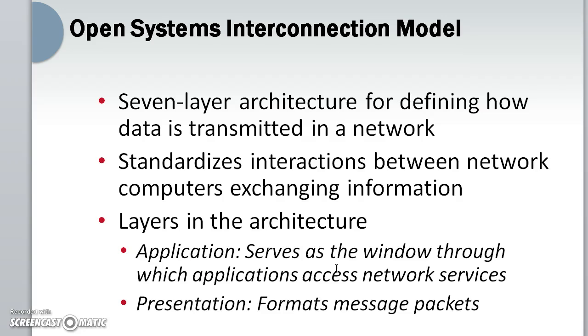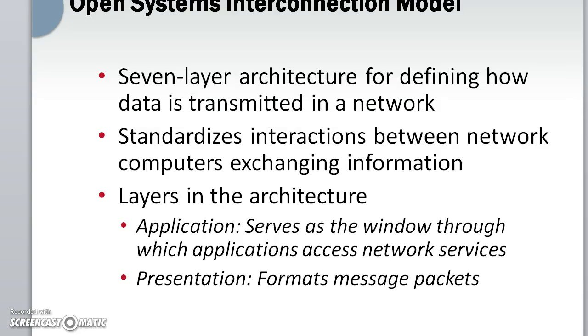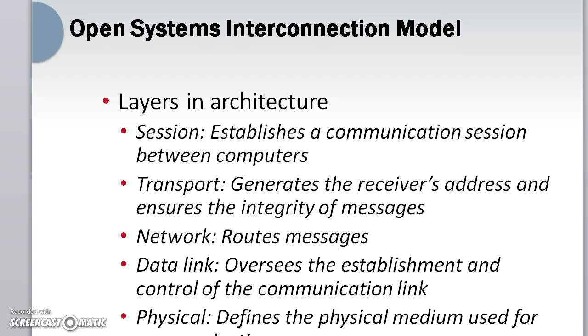The second one is called the presentation layer. The presentation layer formats the message packets. The third is called the session layer, which establishes a communication session between computers. The fourth layer is called the transport layer, which generates the receiver's address and makes sure that the data has the integrity that it needs to.